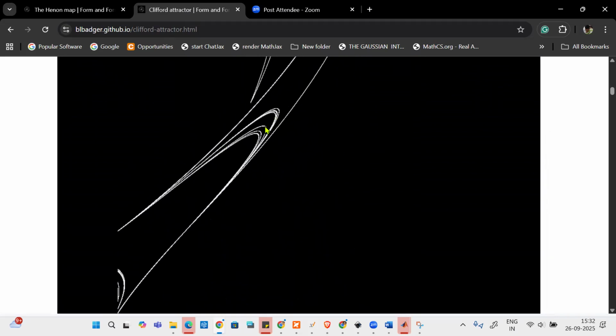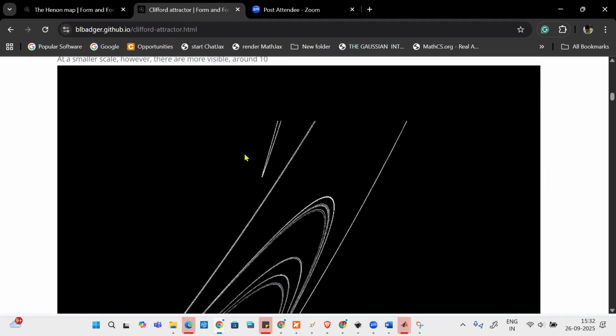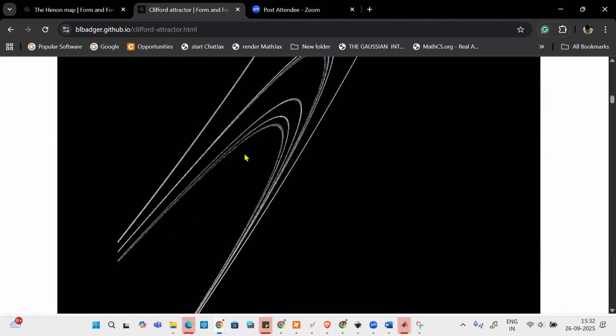When you zoom and zoom, you can see this part is nothing but a part of a Henon attractor. Does this remind you of a Henon attractor? The more you zoom, the more it looks like a Henon attractor. And you know that the Henon attractor is a fractal. So when you zoom into the Clifford attractor, which takes the shape of a Henon attractor, and you know the Henon attractor is a fractal, therefore the Clifford attractor is also a fractal.